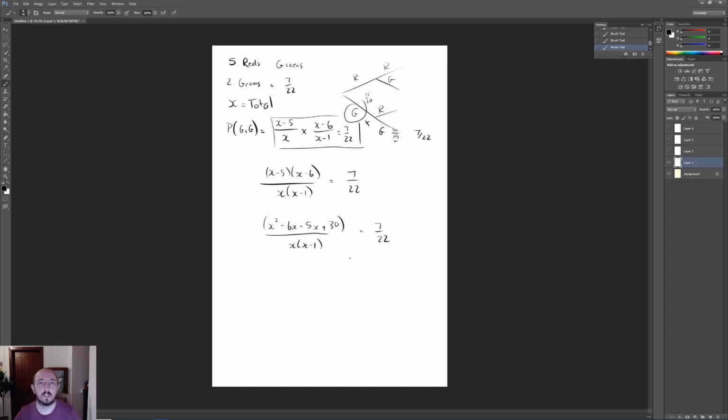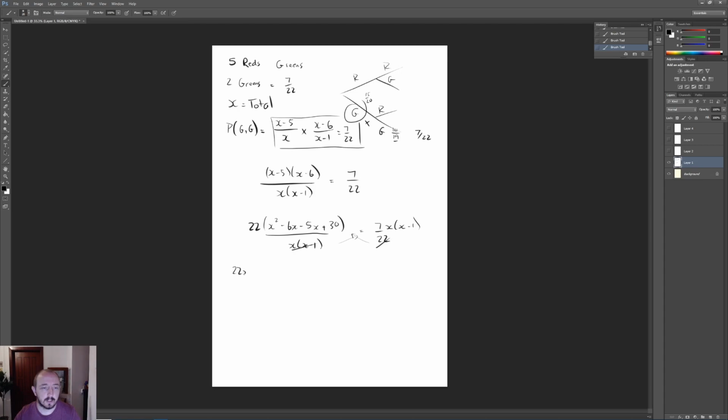So this is where we can cross multiply. I'm going to multiply both sides by 22, which will get rid of that, and I'll multiply both sides by x brackets x minus 1 to get rid of that. Okay, so hopefully you can see the cross multiplying happening there.